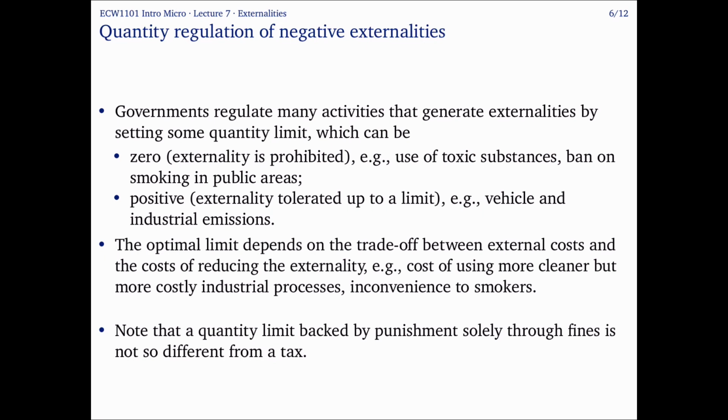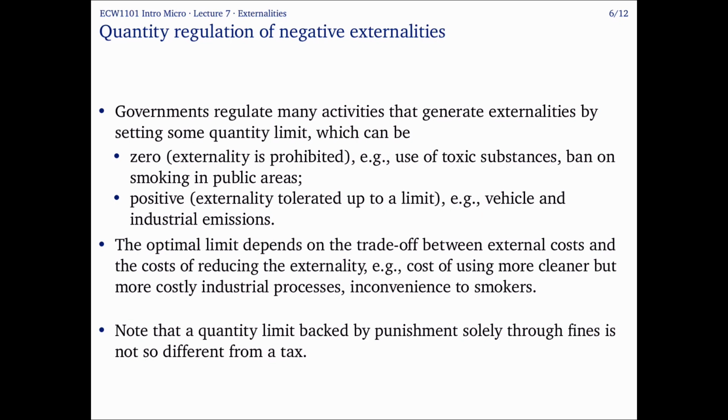In other contexts, instead of setting a 0 limit, completely disallowing something, the externality is tolerated up to some limit. So some positive level is allowed, and that's typically the case for emissions. So vehicle emissions, pollution of certain kinds, that's how it's dealt with.